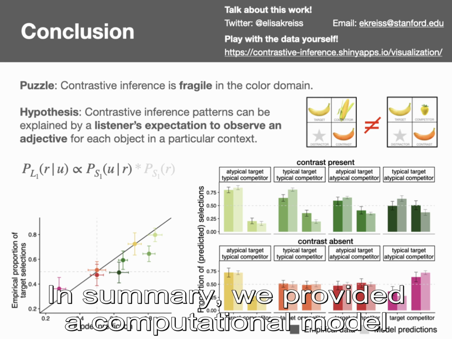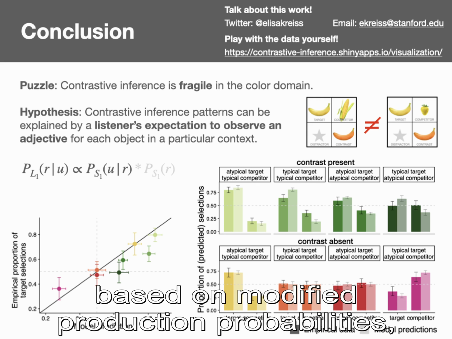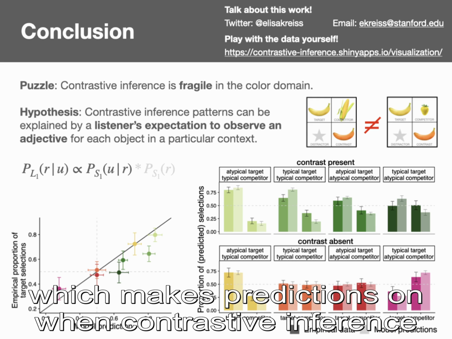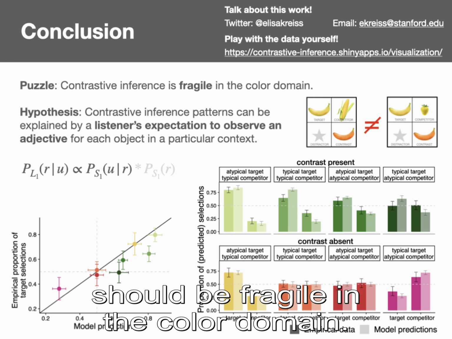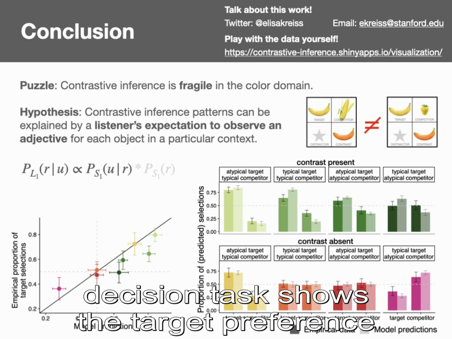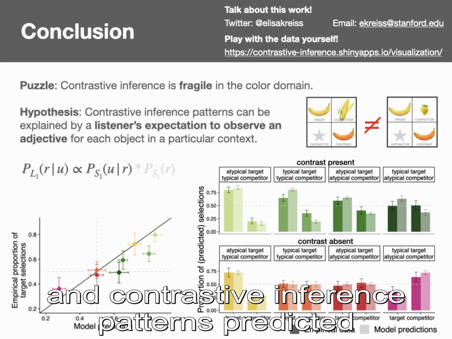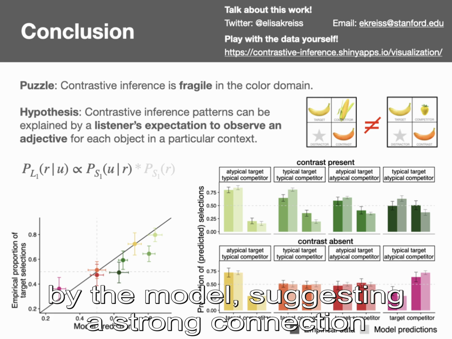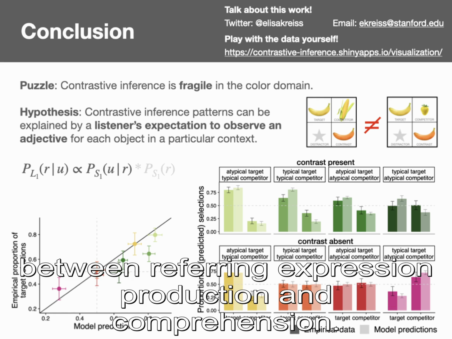In summary, we provided a computational model based on modifier production probabilities, which makes predictions on when contrastive inference should be fragile in the color domain. A comprehension experiment that uses an offline incremental decision task shows the target preference and contrastive inference patterns predicted by the model, suggesting a strong connection between referring expression production and comprehension.